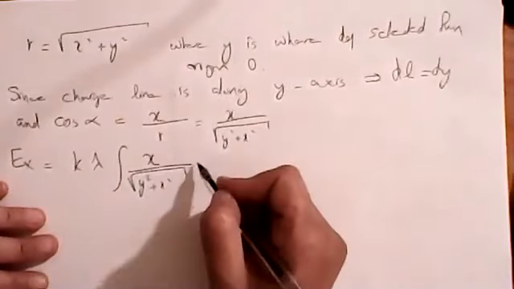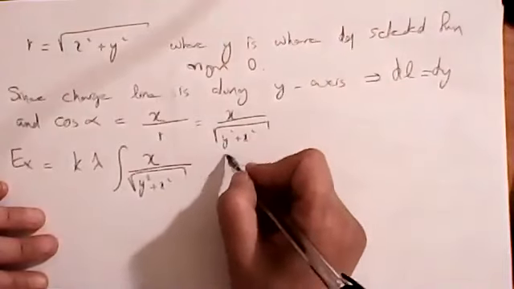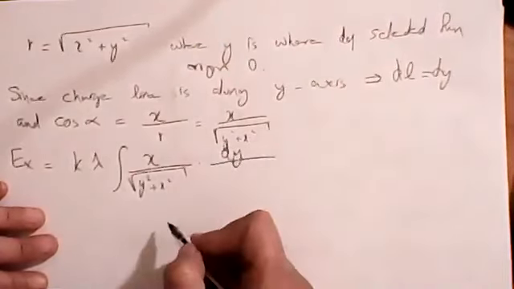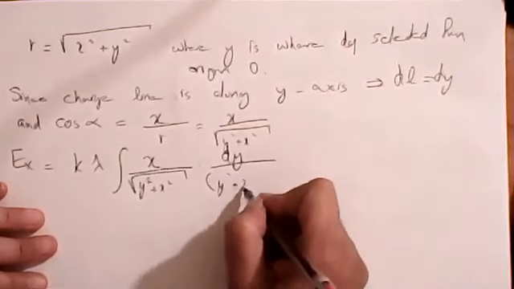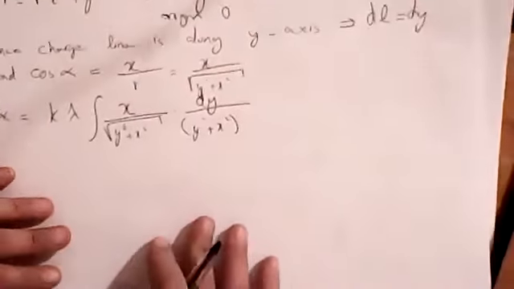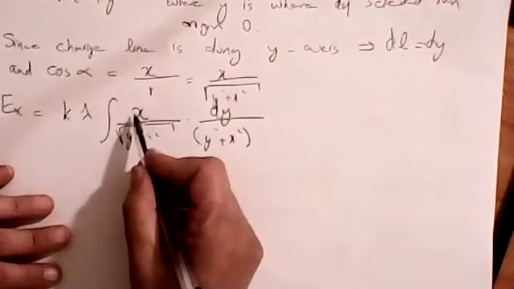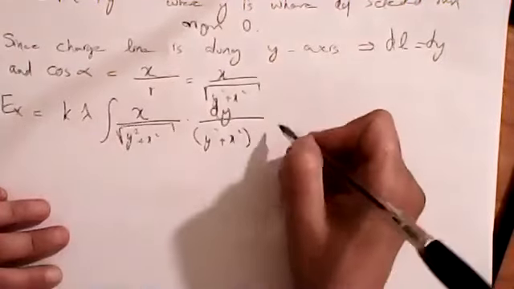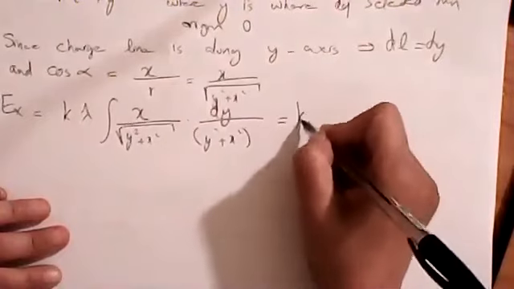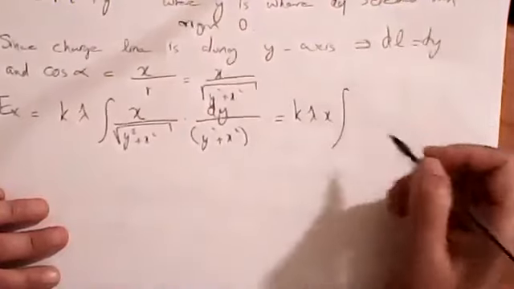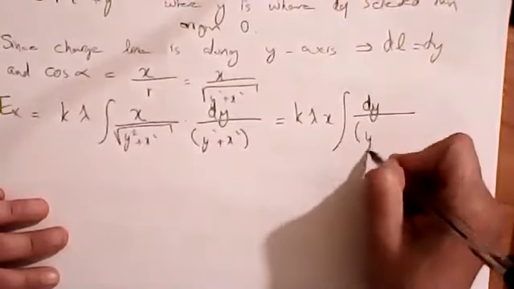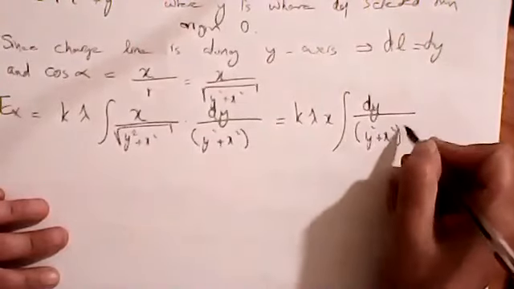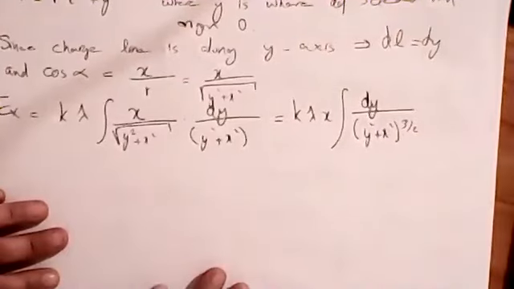That was the cosine. I have dy instead of dl, and instead of r square I have y square plus x square. The x is fixed, I can put it outside the integral. So k lambda x integral dy over y square plus x square to power 3 over 2.